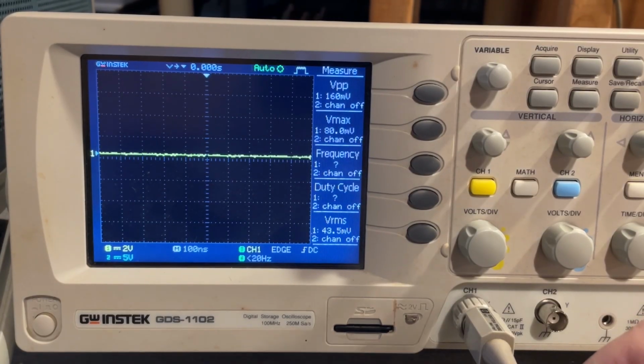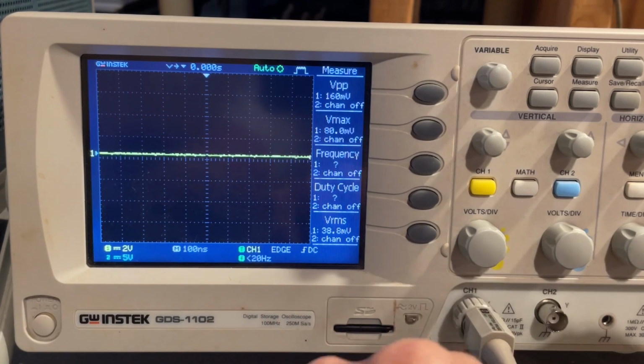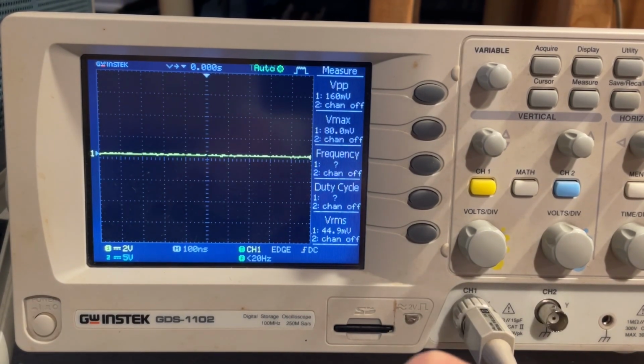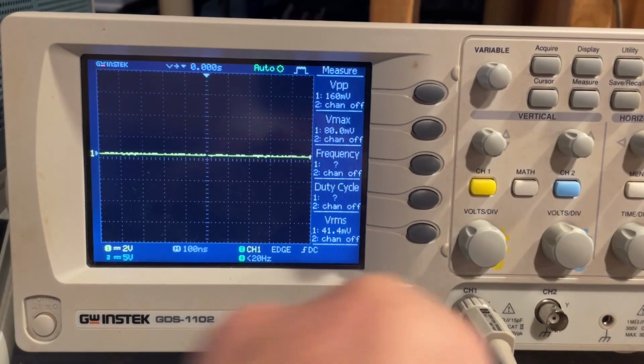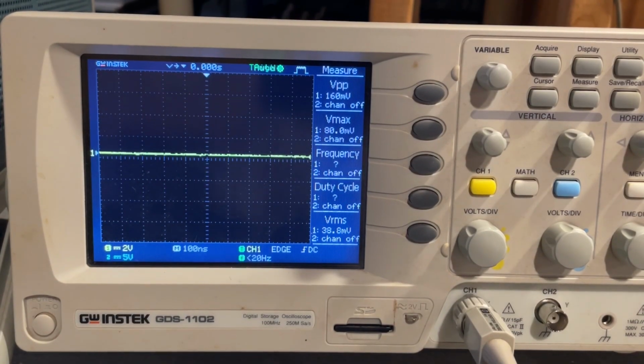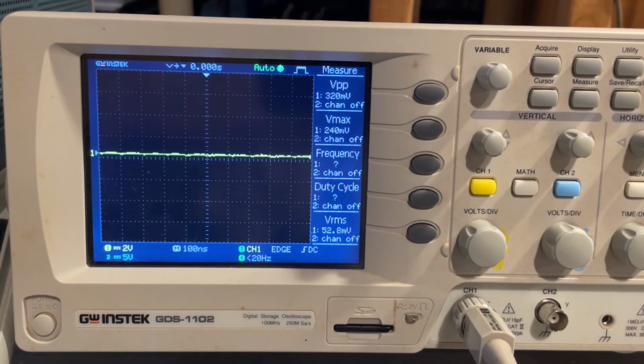So if we do that the opposite way, here's the 3 volts. And then we're going to go 6 volts. And then we'll go to 9 volts. So you can see the transformation that's happening.